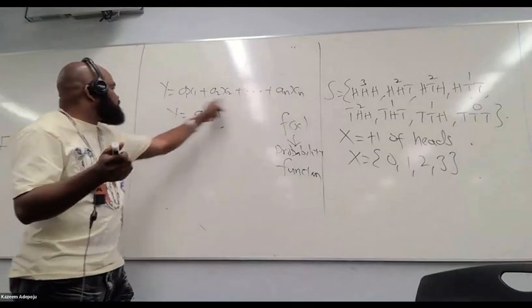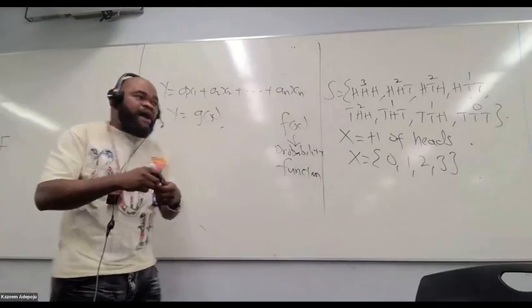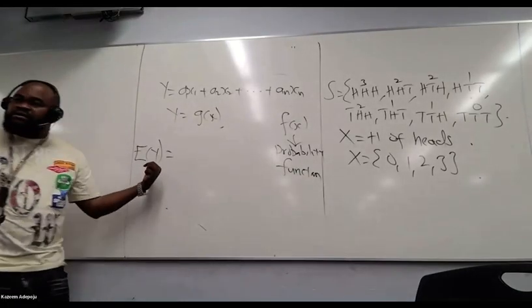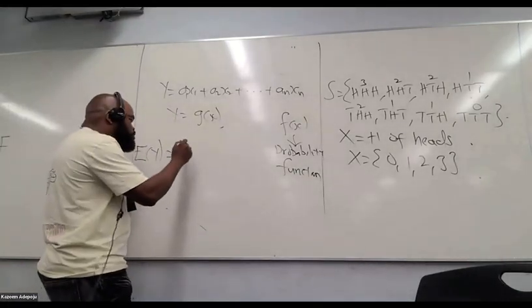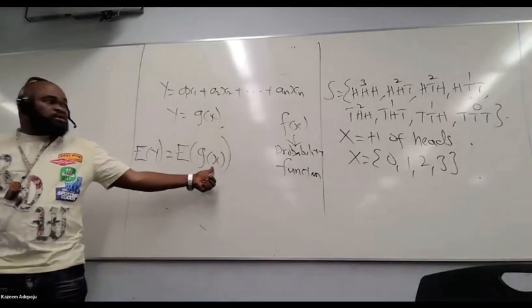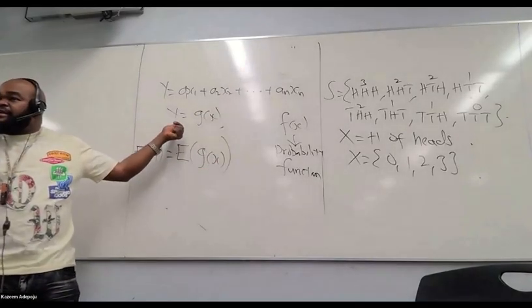This g of X is this guy here. How do I find the expected value of Y? How do I find the expected value of g of X? g of X is Y.